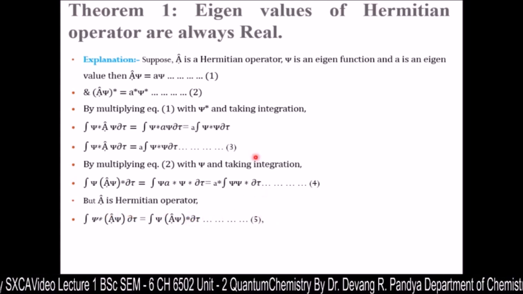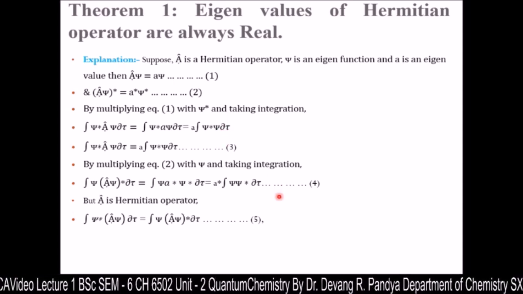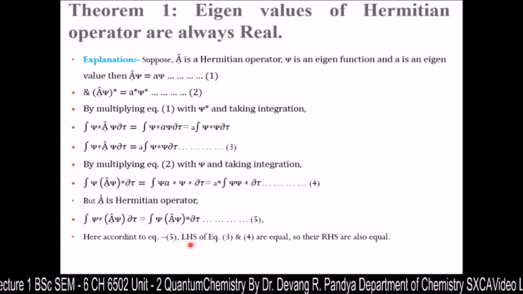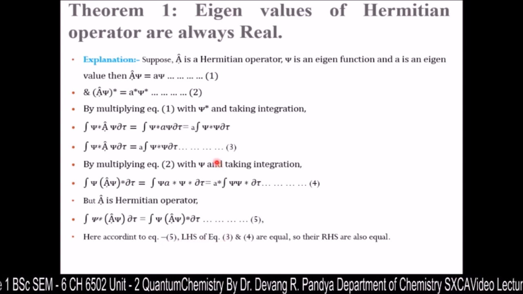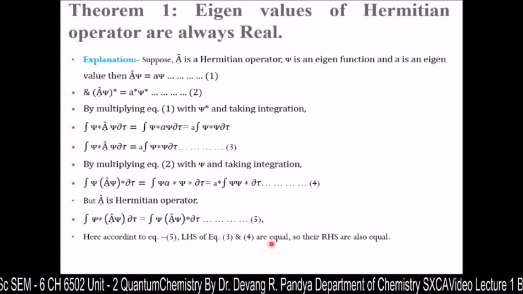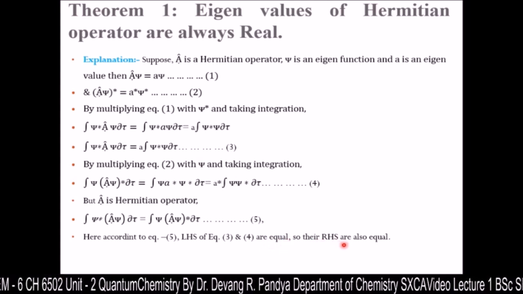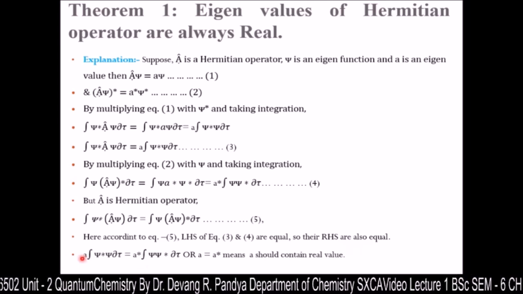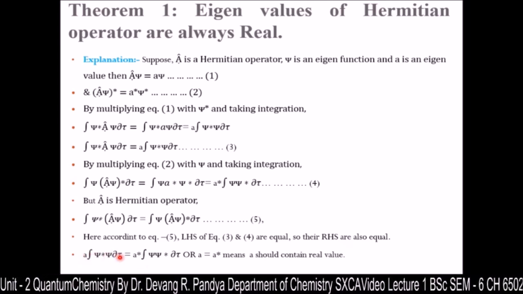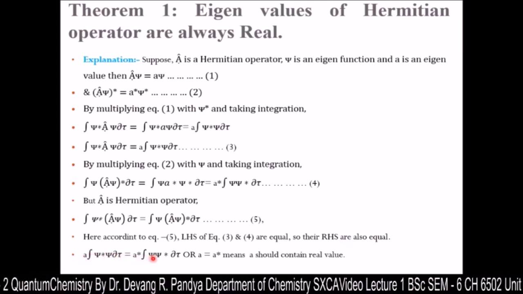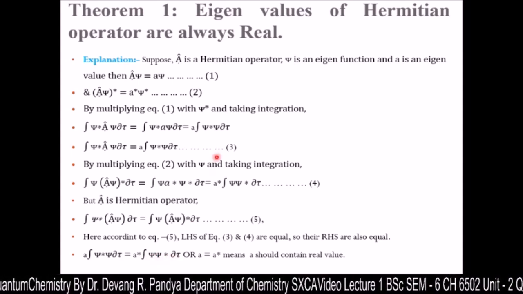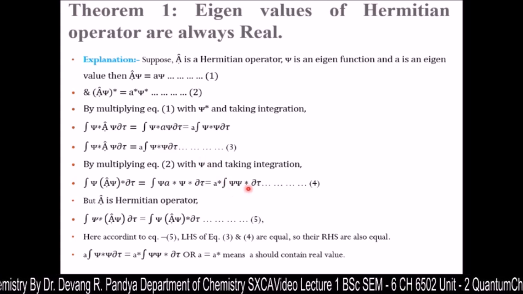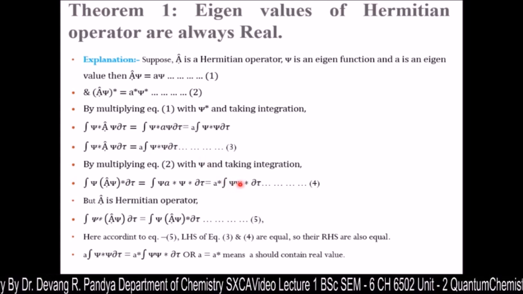So we need to compare equation 3 with equation 4. Here, according to equation 5, the left hand side of equation 3 and the left hand side of equation 4 are equal. So their RHS are also equal. So A ∫ψ*ψ dτ is equal to A* ∫ψ*ψ dτ. That means the right hand side of equation 3 is equal to the right hand side of equation 4.